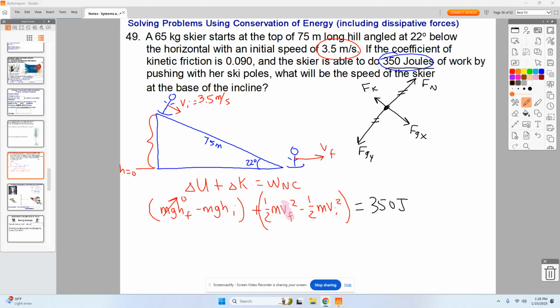And then we remember that friction was equal to mu times the normal force. So a little bit of review for you on friction models. Let's go ahead and write now the work done by friction.